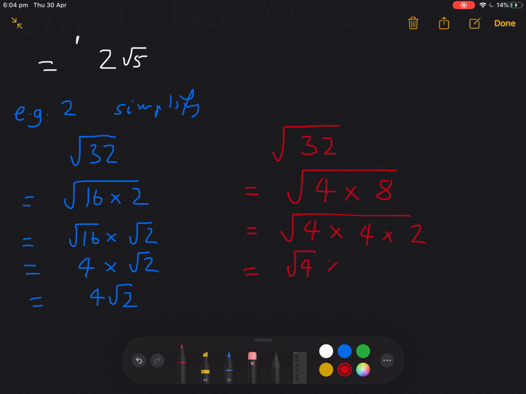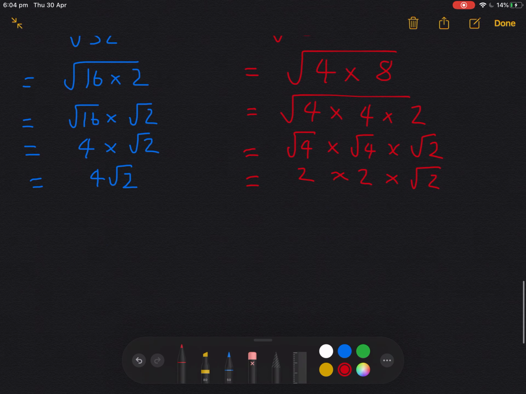Split. But we split into 3 now. So even if you didn't get the biggest one in the first place, as long as you do legit algebra and follow the rules nicely, you'll end up with the correct answer. 4 root 2, just like before. Easy peasy.